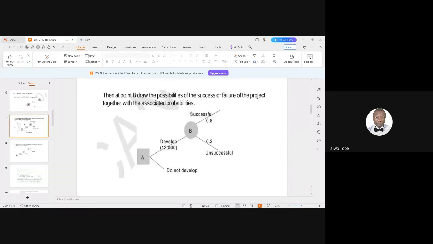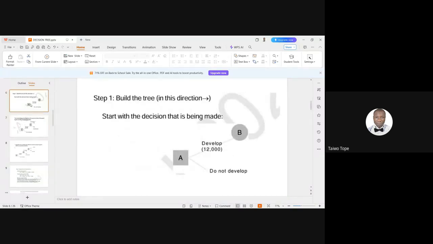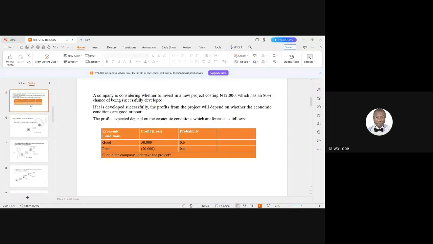So this is just a simple example to make us understand what we'll be experiencing as we see more questions. You must know how to interpret that a company is considering investing in a new project costing 12,000, which has an 80% chance of being successfully developed.